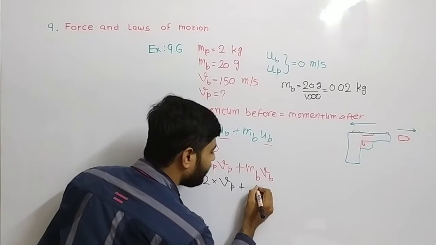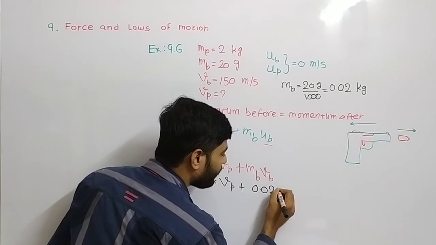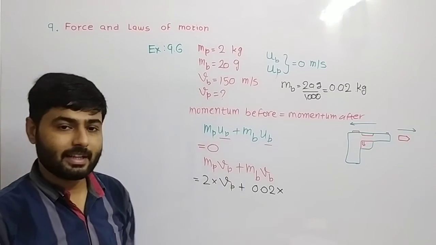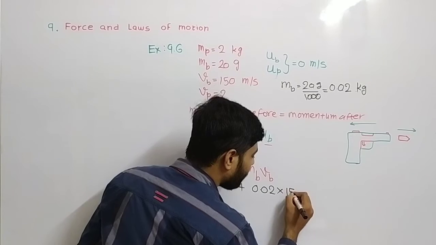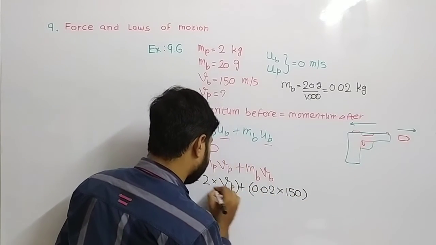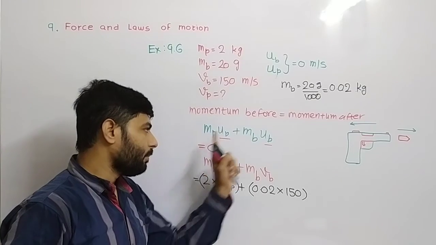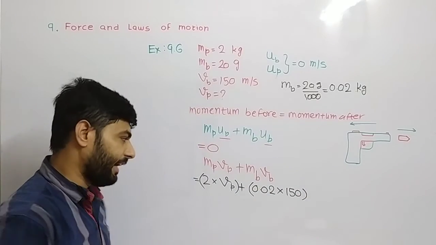So I have 0.02 multiplied by VB. What is the velocity of the bullet? That is 150 meter per second. So I have the momentum after firing.